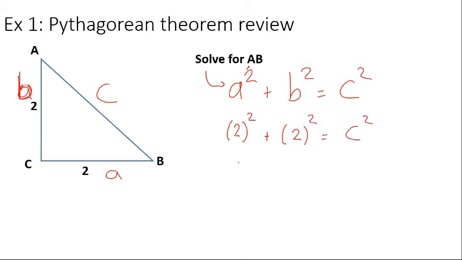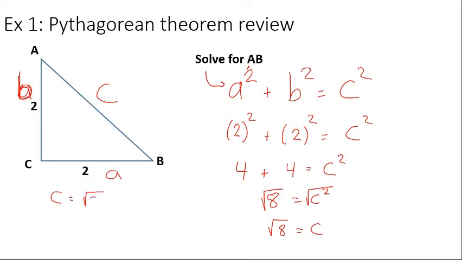So 2 squared is 4. 2 squared is another 4. So here you get 4 plus 4 is 8. 8 equals C squared. And you want to get rid of the square, we square root it. So here I get square root of 8 equals C. But I want to reduce this, so 8 is the same thing as saying 4 times 2.